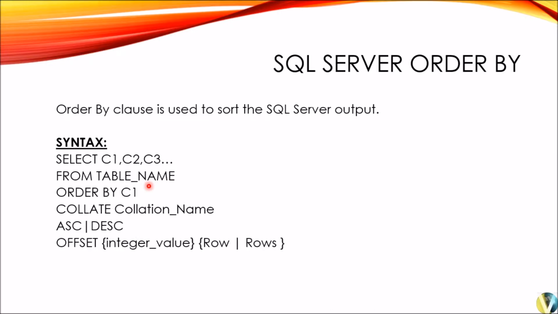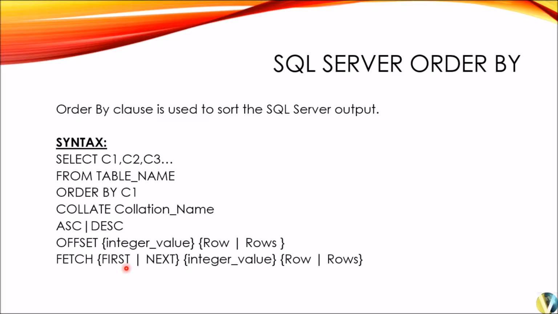Ascending and descending is the order in which you want to sort the column. Offset: let's say your table contains 10 records and you want records from the third row, then you can mention the value in this offset. And fetch: from the third row, how many records you want, you mention in this fetch.